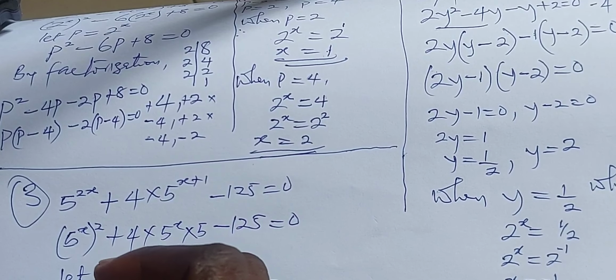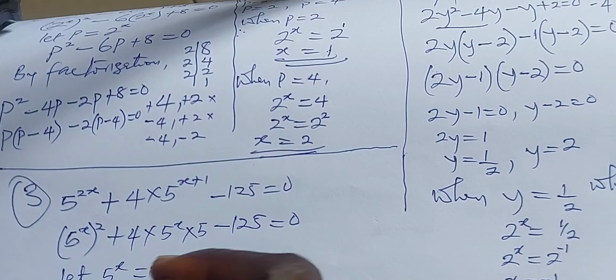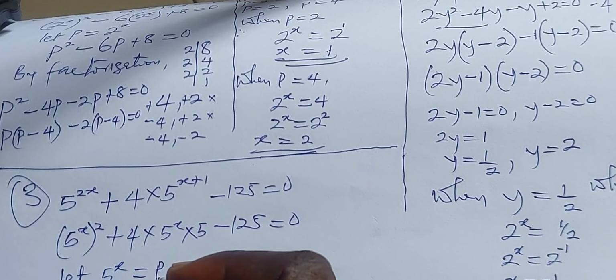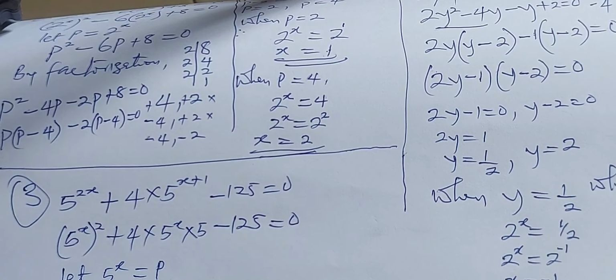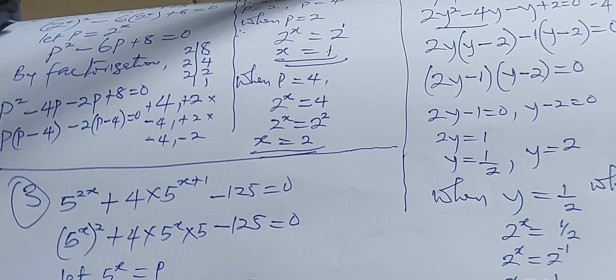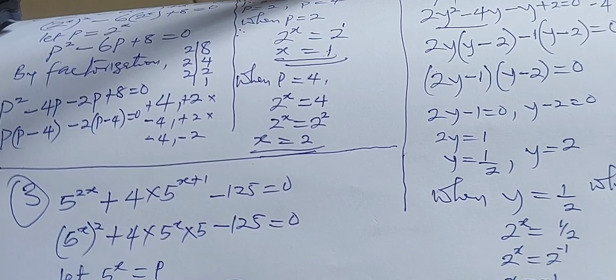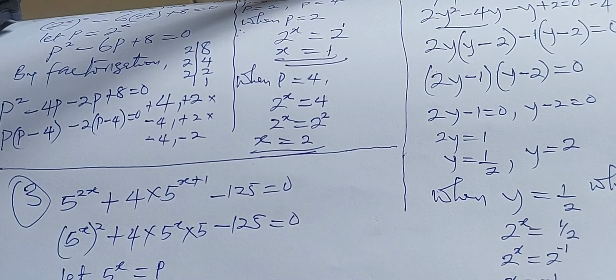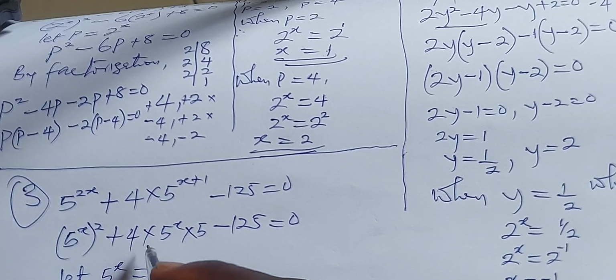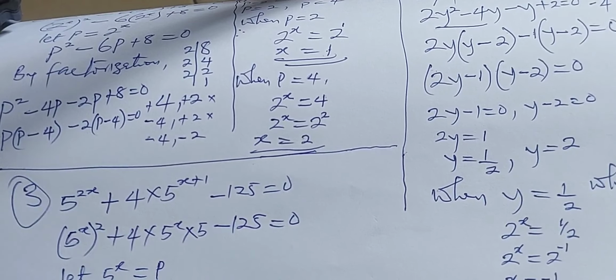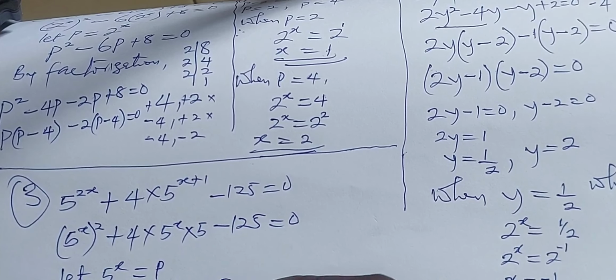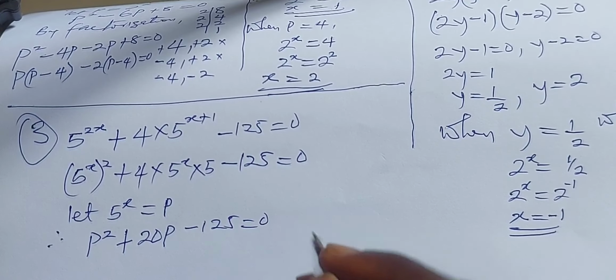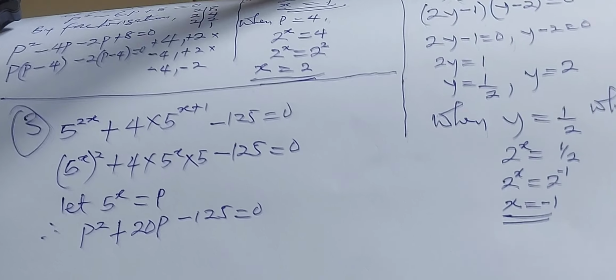Let 5 raised to the power of x equal p. Therefore, p squared, plus 4 times 5 is 20, you put your p here, minus 125.